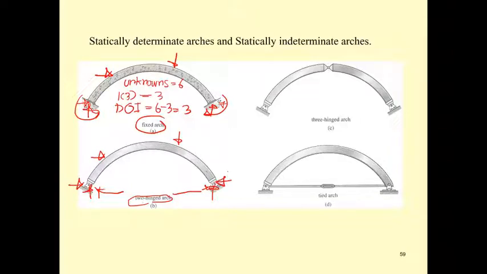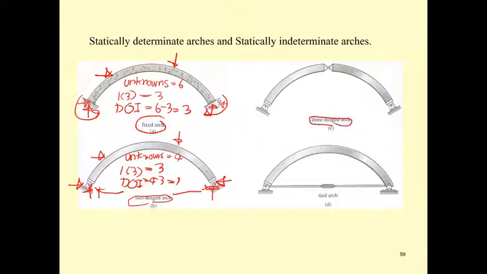That means this is going to have 4 unknowns. Since the arch is only one continuous arch and we have 3 equations of equilibrium, this is going to be a statically indeterminate arch with degree of indeterminacy of 4 minus 3, which is 1. And then we have the three-hinged arch.